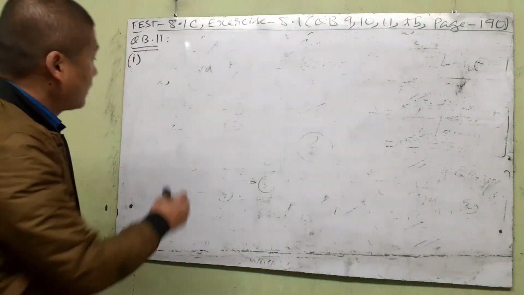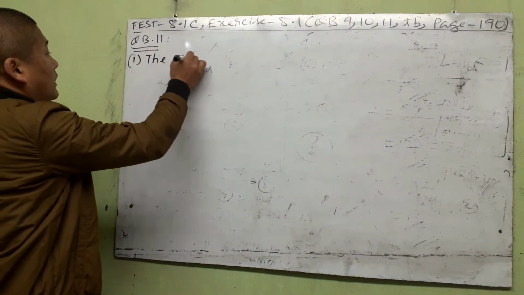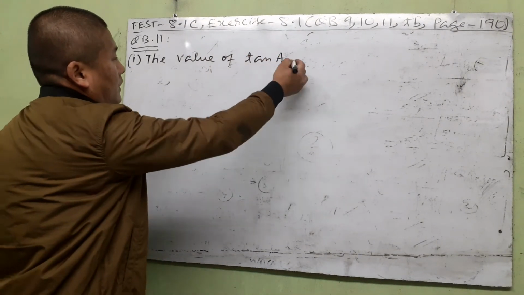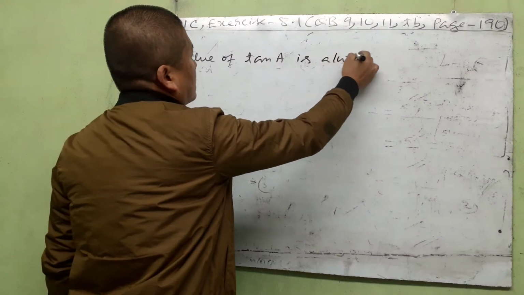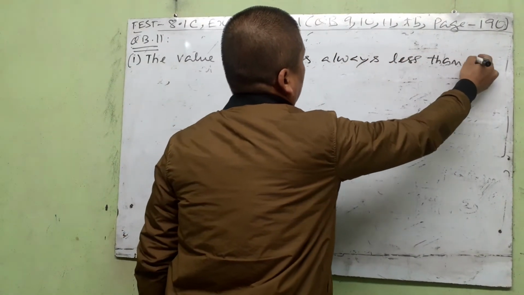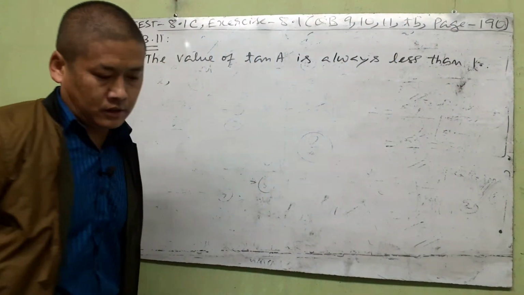The value of tan A is always less than 1. The value of tan of any angle A is always less than 1. Is this true or not? Let's check.